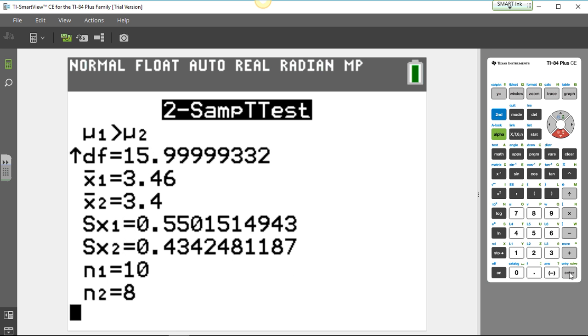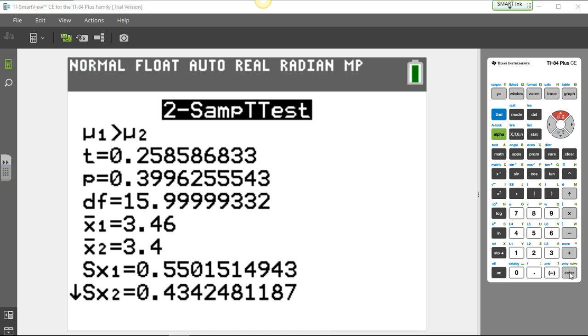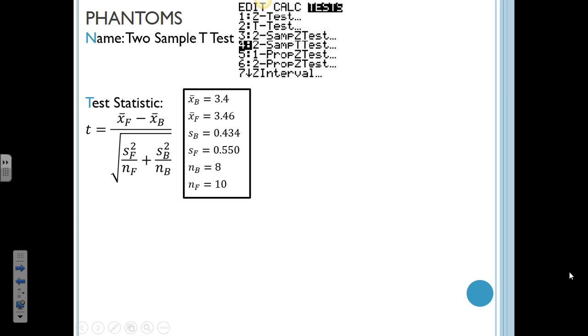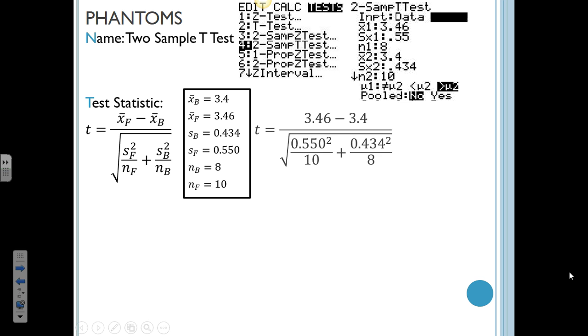Do those match what you have in the table from the problem? The 3.46, the 3.4, the 0.55, the 0.43, those all match the table? Okay, good. All right, so let's go back here. I organized it there in the table. So now go ahead and plug in all these values.